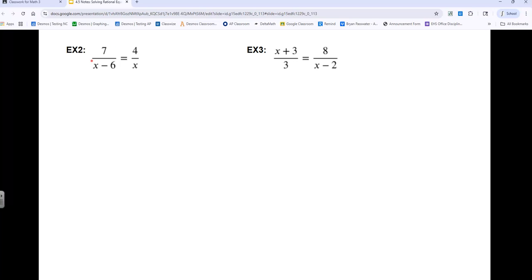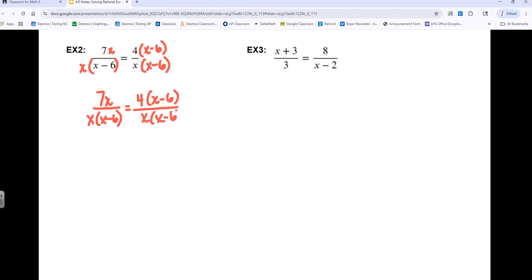Okay? So we're going to multiply this one by x on top and bottom. And we're going to multiply this one by x minus 6 on top and bottom. So that gives me 7x over x times x minus 6 equals 4 times x minus 6 over x times x minus 6.